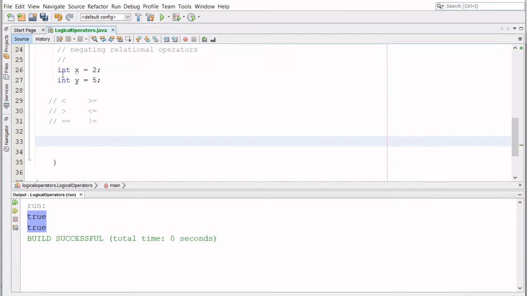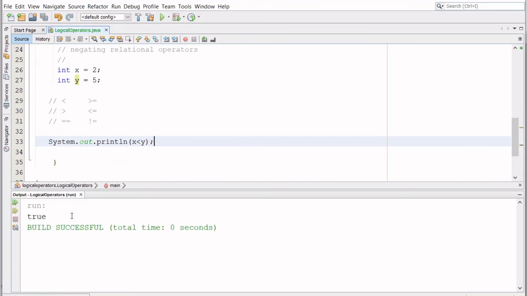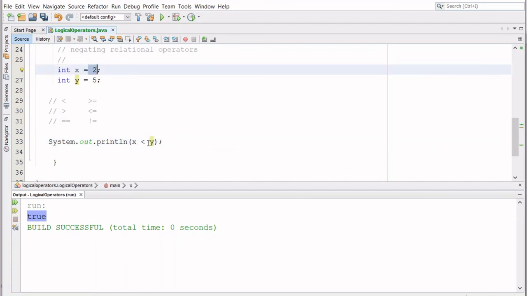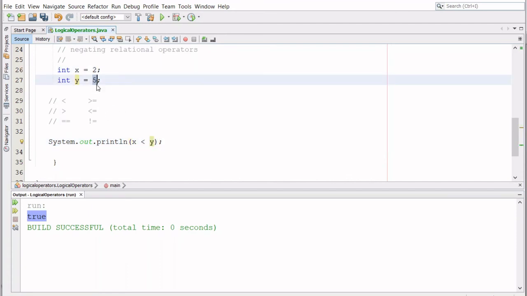So for example, if we have, let's say, the following expression, x strictly less than y, and let's say the outcome of that is equal to true, right? So technically here we're saying is 2 strictly less than 5, okay?